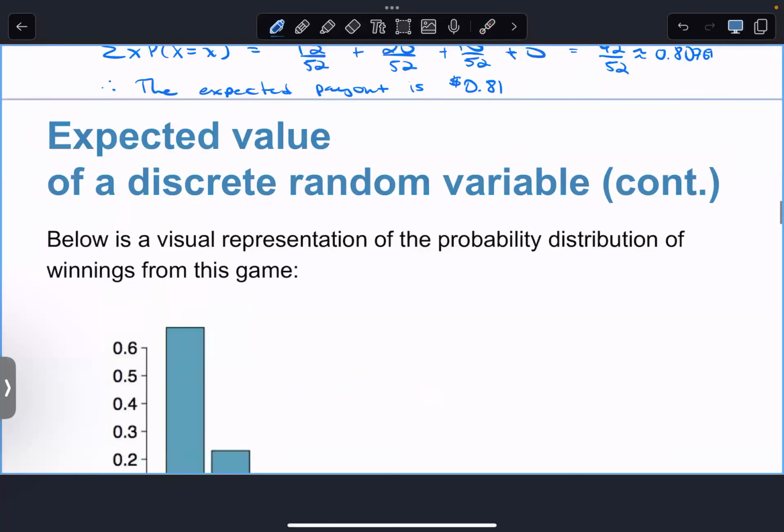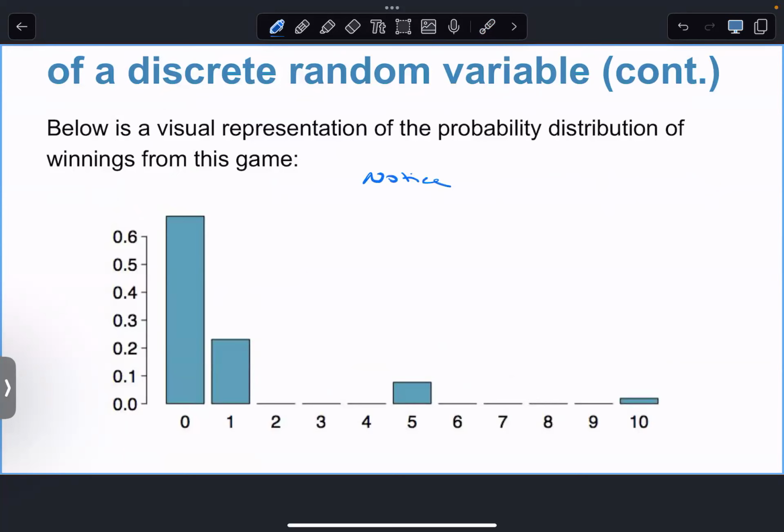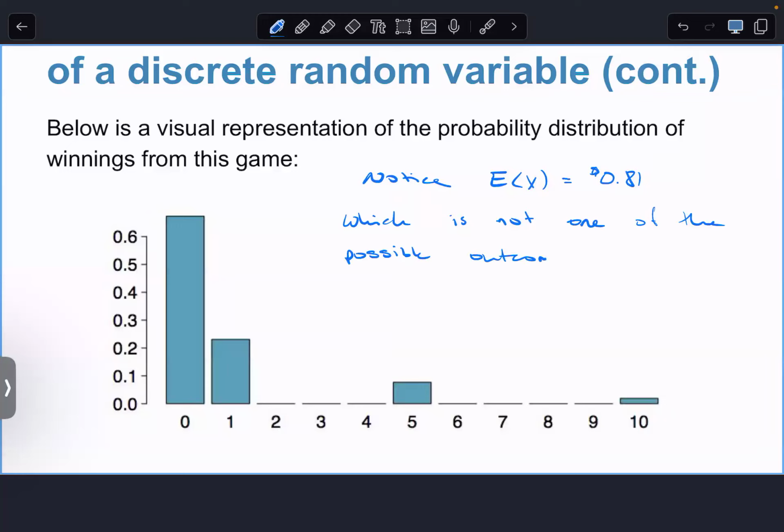And so notice, I'll write, notice the expected value of X is equal to 81 cents, okay, which is not one of the possible outcomes, but it is the expected payout.